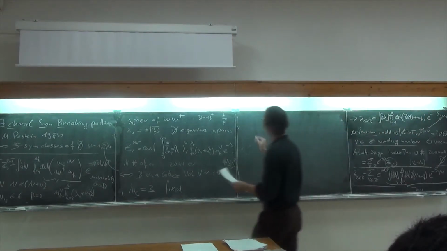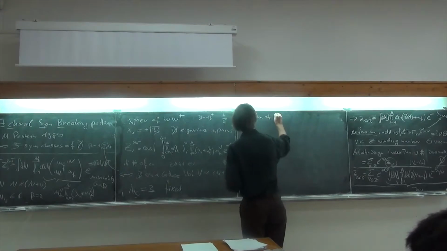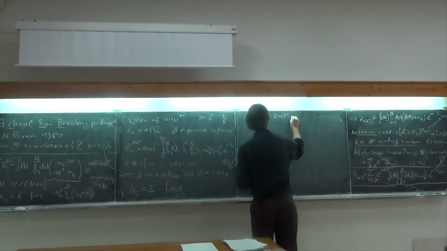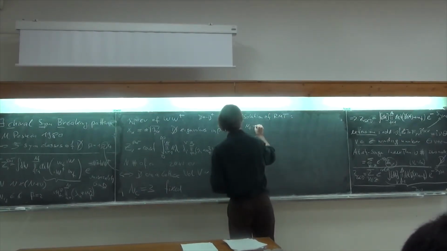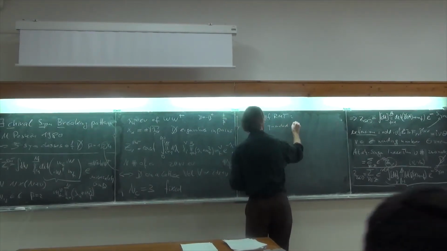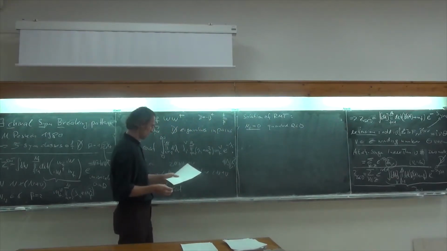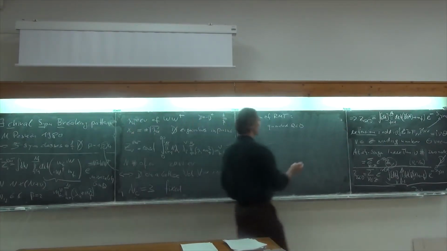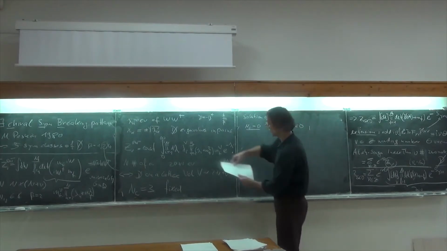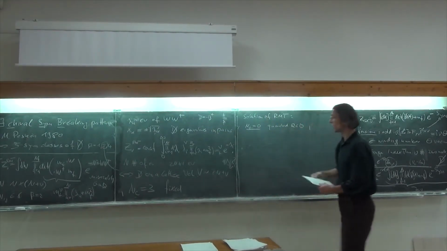So, solution of the random matrix model. Let's look at the first case, zero number of flavors. This is also called quenched QCD. Now, in this quenched case, this Dirac determinant is absent, so we can solve that using Laguerre polynomials.